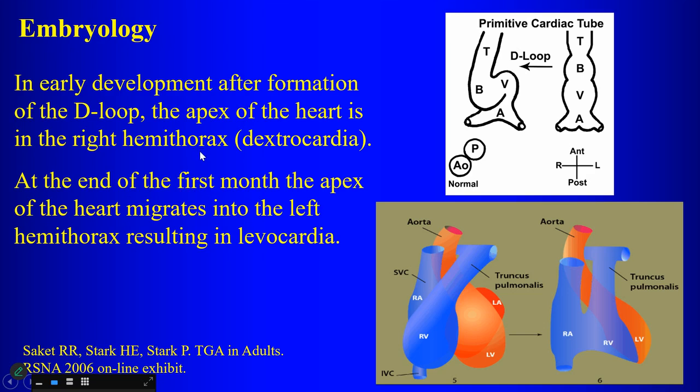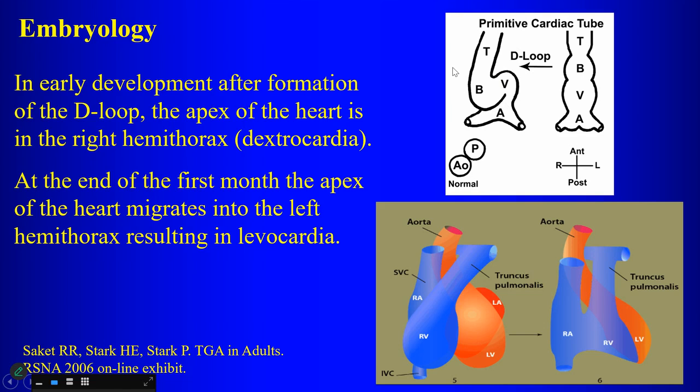So another thing that happens in early development, after formation of the D loop, notice that the cardiac apex is on the right side. What do we call it when the cardiac apex is on the right side? What's the term we use? Can you read? It's called dextrocardia. So during normal embryology, it's normal to have dextrocardia at some point in the embryological development.